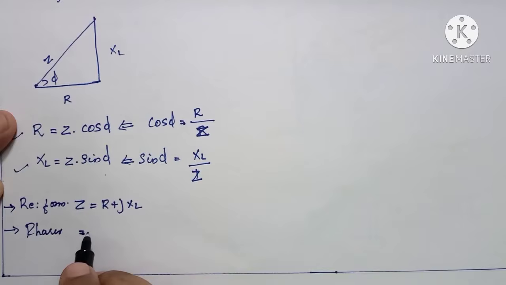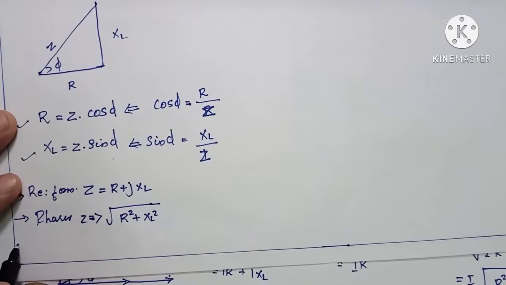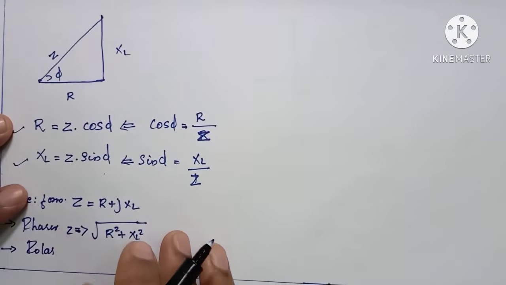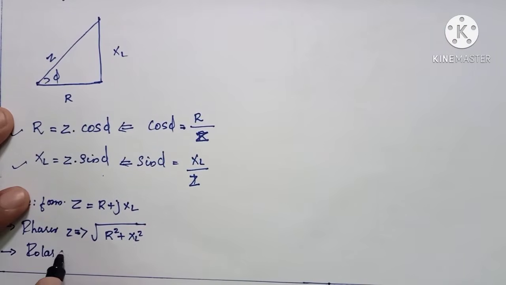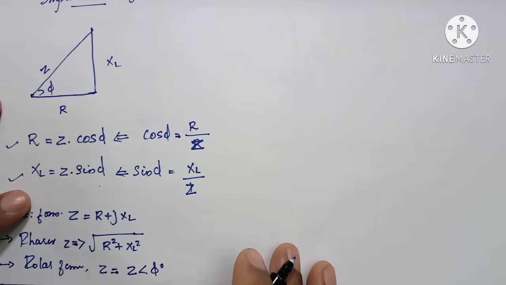The equation of Z will be Z is equal to root of R square plus XL square. And one more will be there, the polar form. Z will be equal to Z angle theta degree.